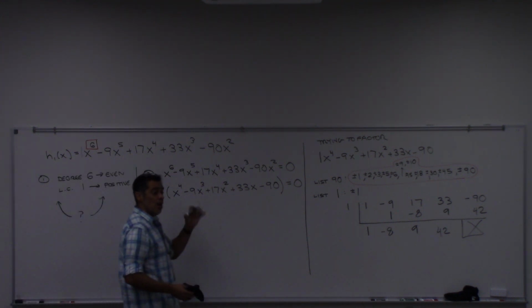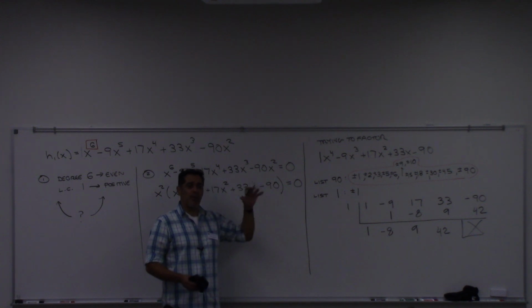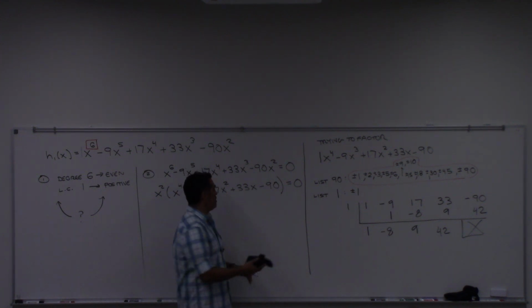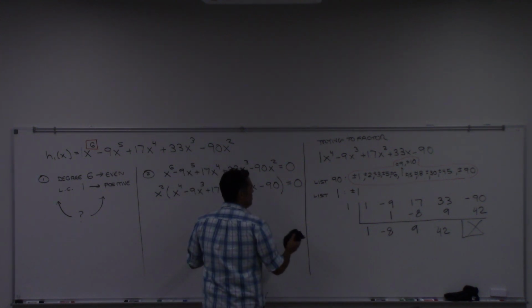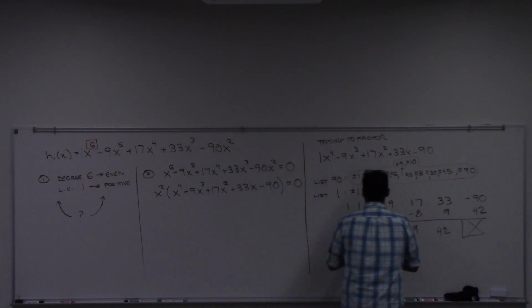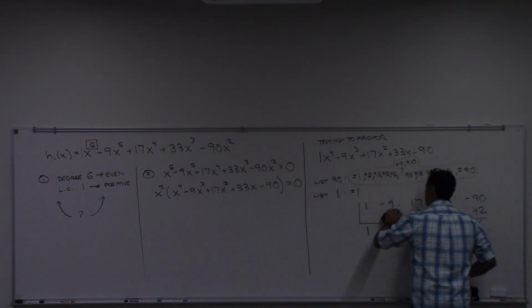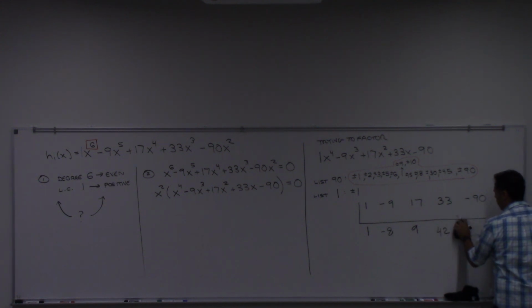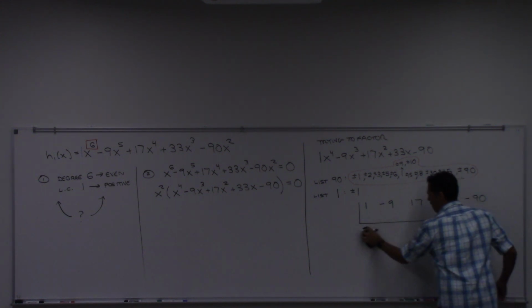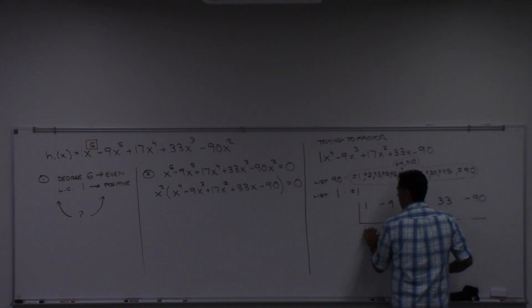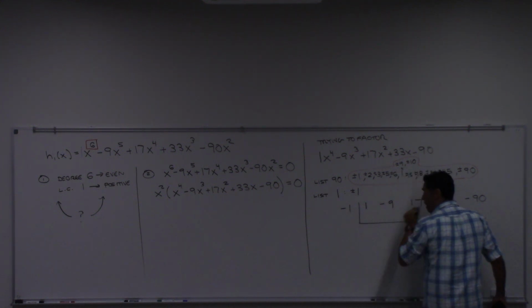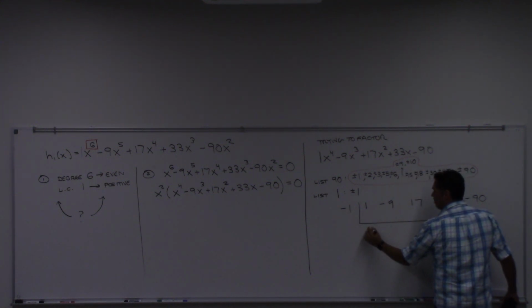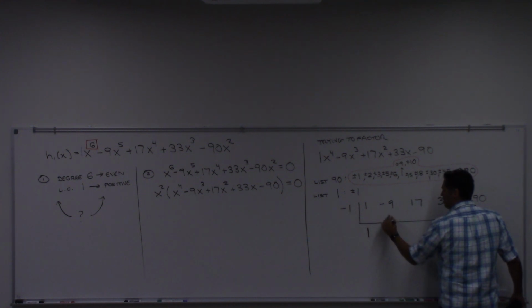Okay, so would you all like me to show you that -1 doesn't work and 2 doesn't work? You want to see it? Yeah, I'm just gonna restart this. Okay, so I have to redo the division box. Let's see why -1 doesn't work. Let's see, -1 here. 1 comes down. -1 times 1 is -1.